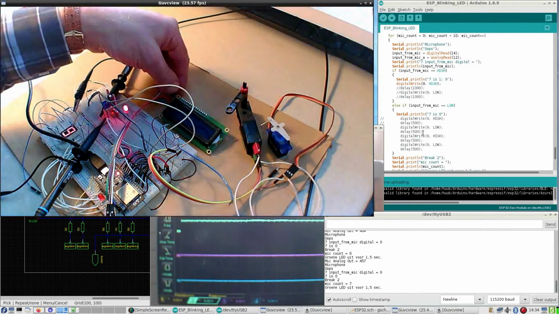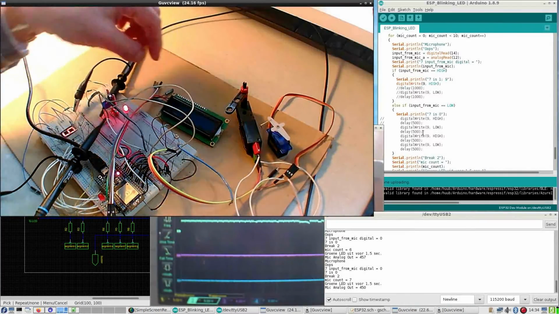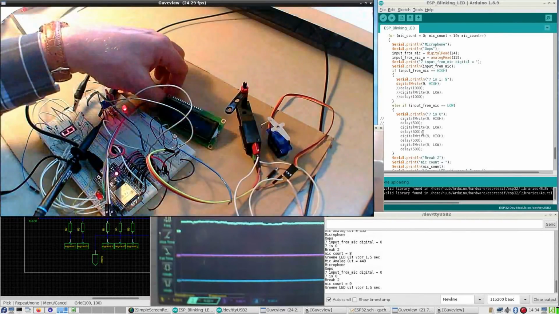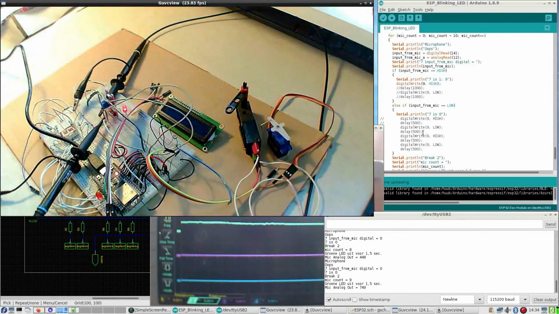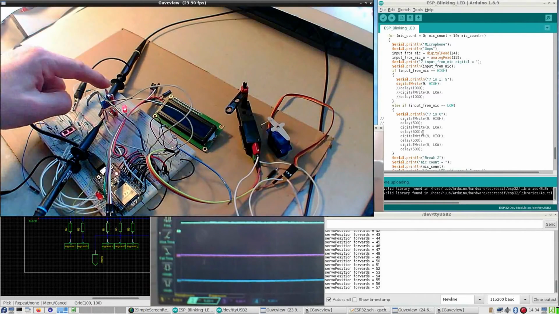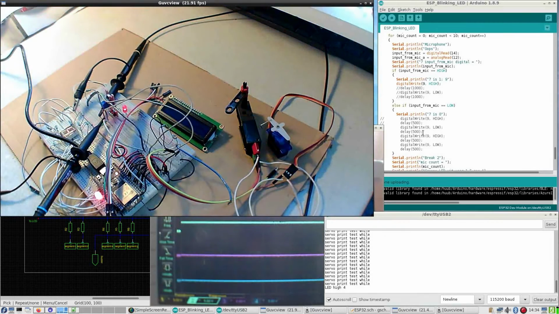Because I also don't see anything on this LCD display now, which I so far did see. And then I'm of course talking about the previous videos on this topic. And talking is also a trigger for this microphone, so whatever is happening, it's not coming through.